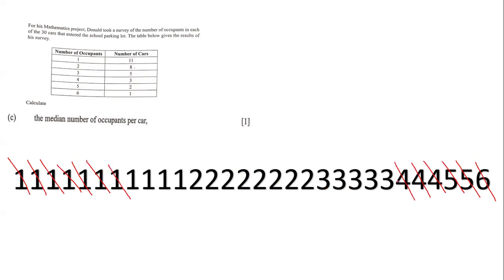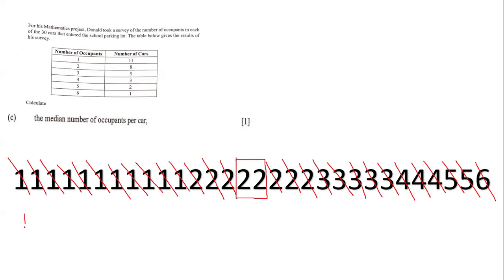This one cancels with this 3, and so on for the remaining 3's. This 2 cancels with this 2, three times. And so we are left with 2 numbers in the middle, which is 2 and 2.